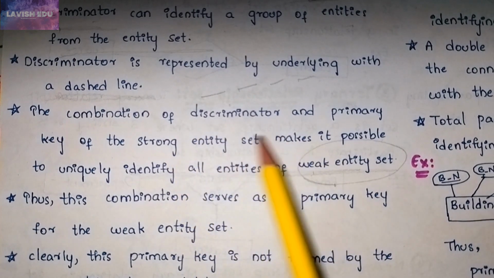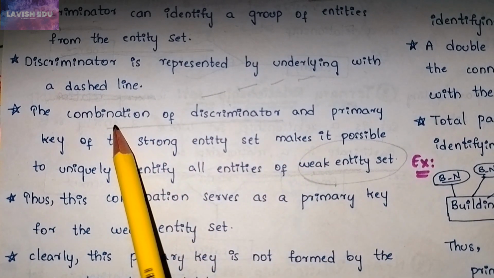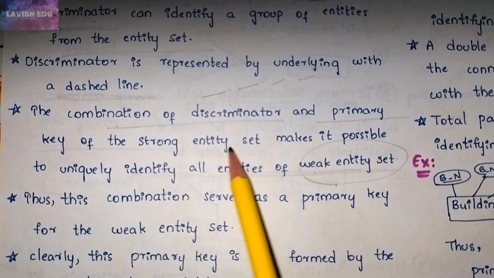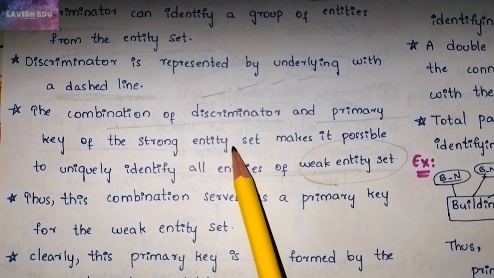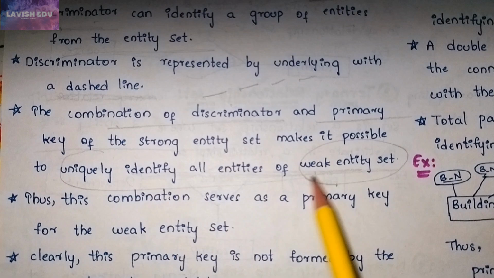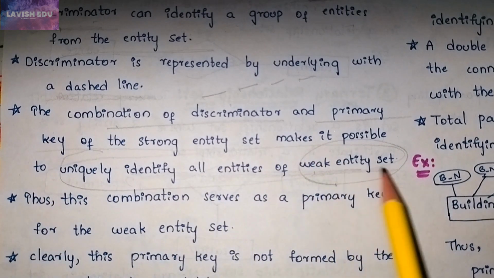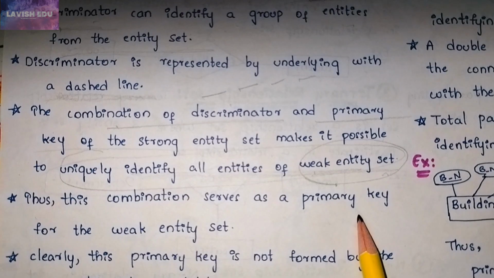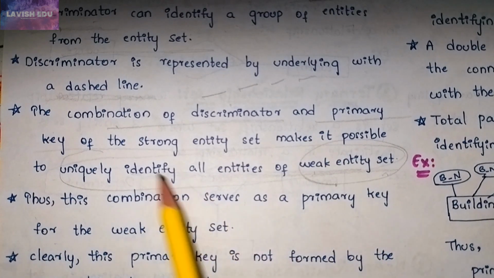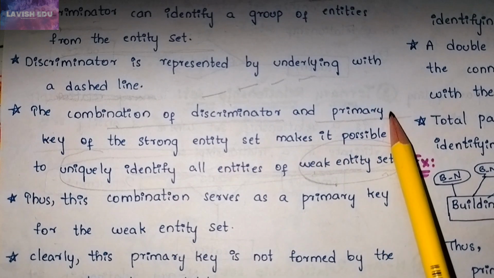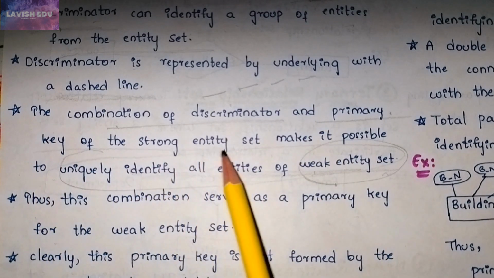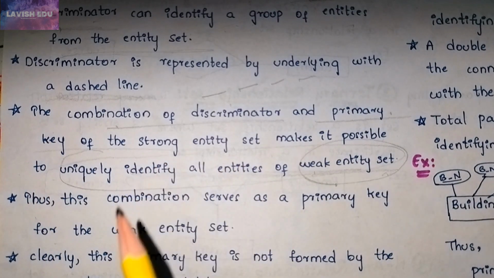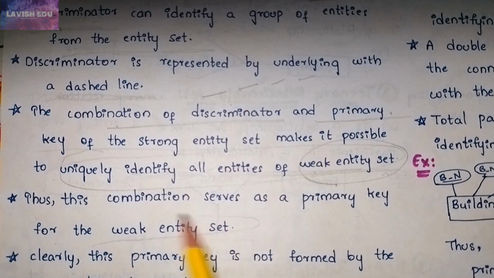But when the discriminator of the weak entity and the primary key of the strong entity in a relation combine, then they can uniquely identify all entities of the weak entity set. Thus, this combination serves as a primary key for the weak entity set.